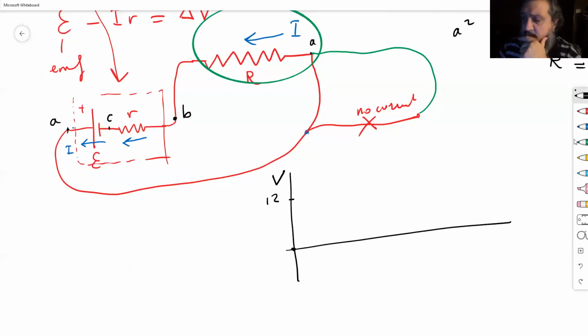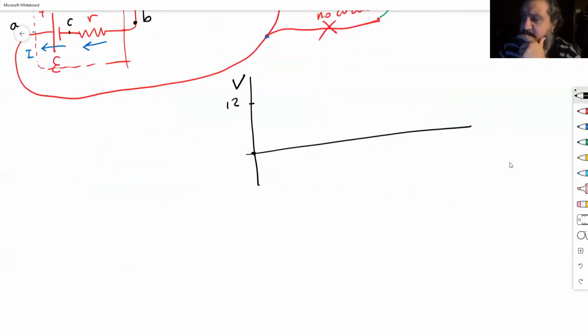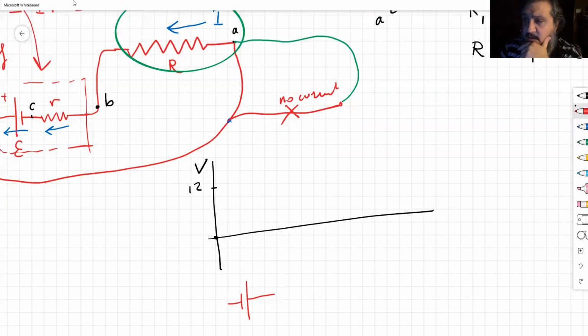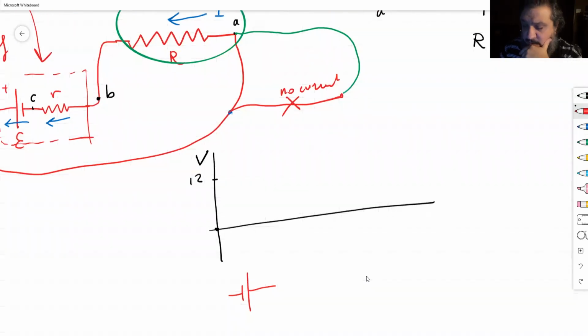And here below the picture, I'm going to draw a representation of the circuit. Let's start with the EMF directly. Here's the EMF, negative side on the left, positive on the right. And then I'm going to put that r. So this r here, I'm going to copy it over here. This is point A, remember? And I'm starting with point C.